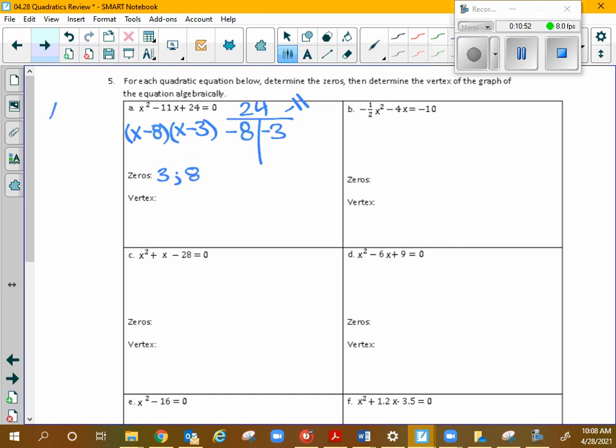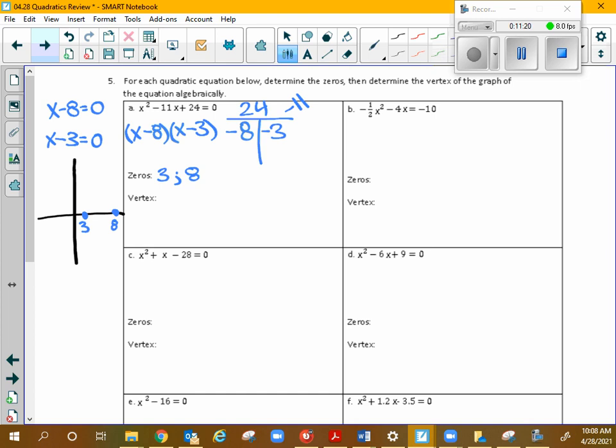Because I set both of those equal to 0 to solve for those x's. Okay, so I have zeros at 8 and 3. That's going to help me find my vertex. Because if my zeros are at 3 and 8, what's true about my vertex?